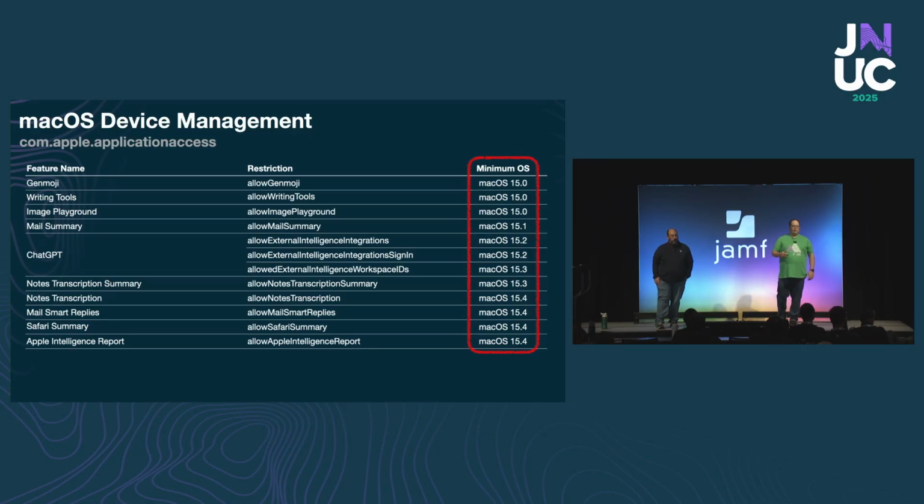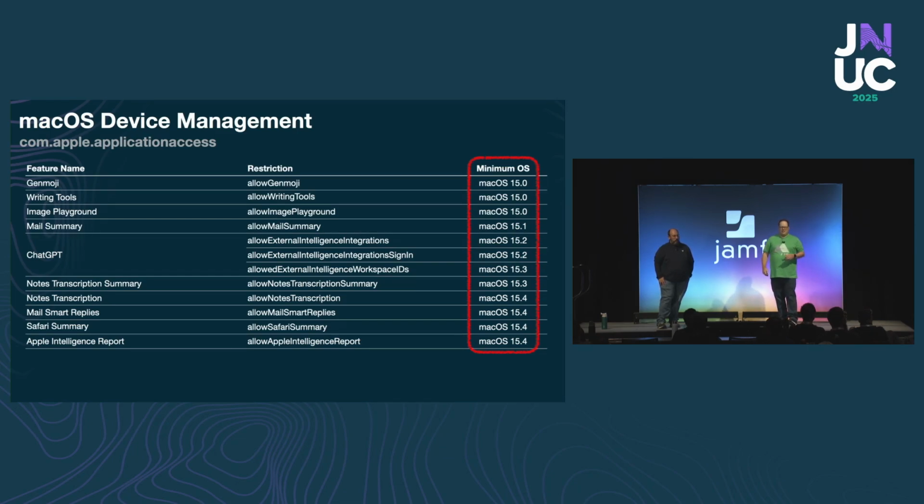If you deploy a restriction before it existed in macOS, it does not retroactively apply after an operating system update. So typically, you'll want to make sure that you are targeting computers on that operating system or later to ensure that the key is successfully used.